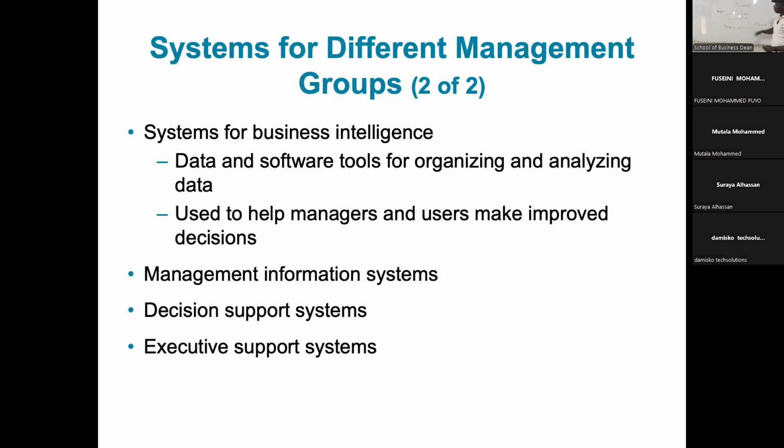We are also saying that apart from those management information systems, there may be other systems that will just help either the supervisor or the manager in furtherance of their decision making. And we call that decision support systems.